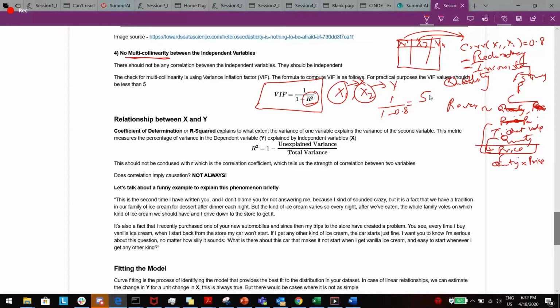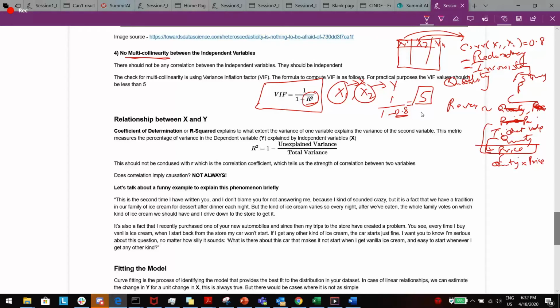This may be high by some standards, and by other standards it may be acceptable. It all depends again on the business problem and how many other variables you have for prediction. So this is something which can be a concern in some cases. There is a high variability explained by x1 with respect to x2 or vice versa.